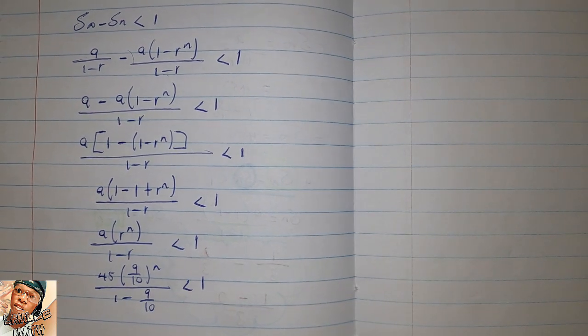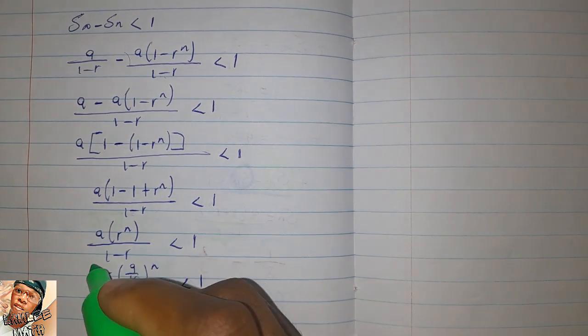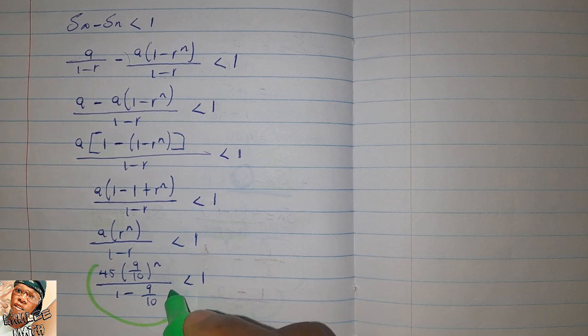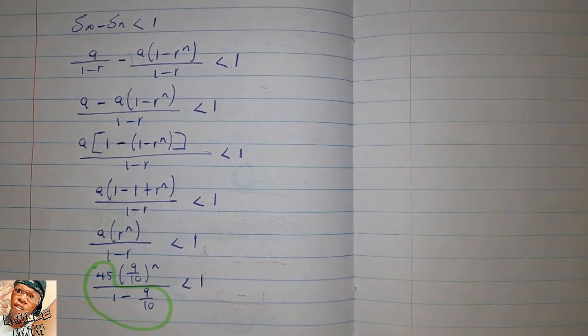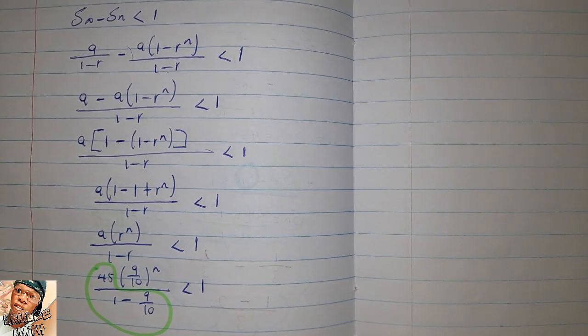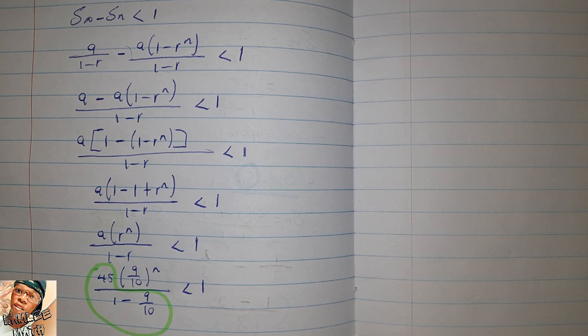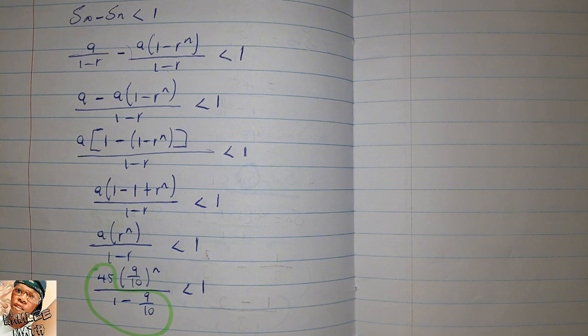And then I'm going to try to calculate what this is. What is 45 divided by 1 minus 9 over 10? I think I have calculated this before because it really seems familiar.